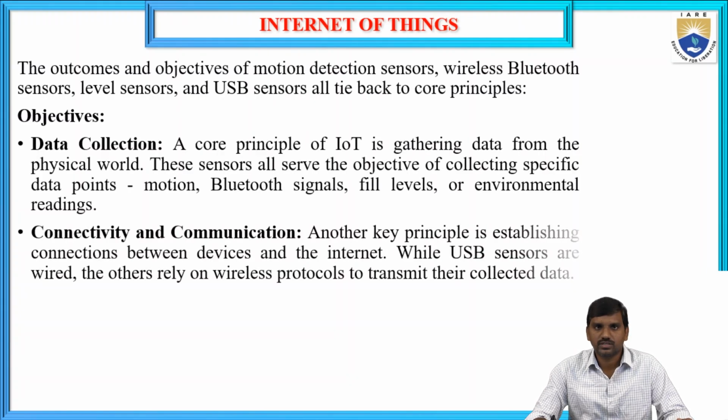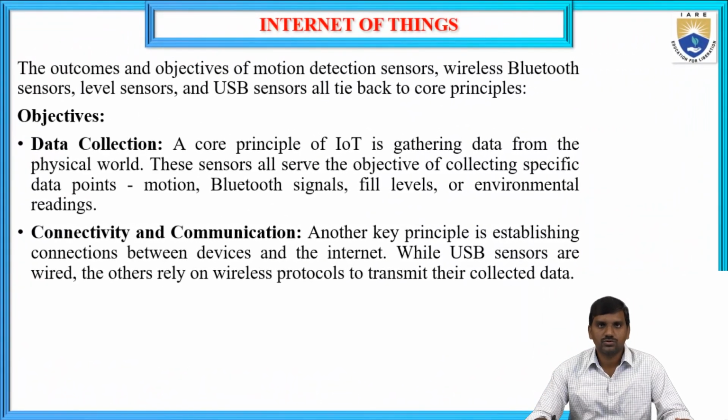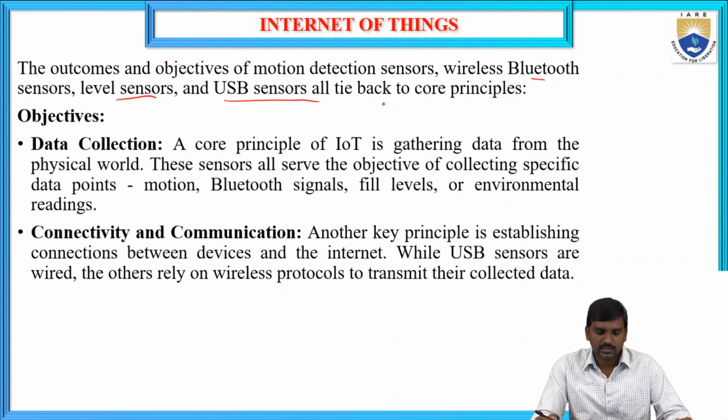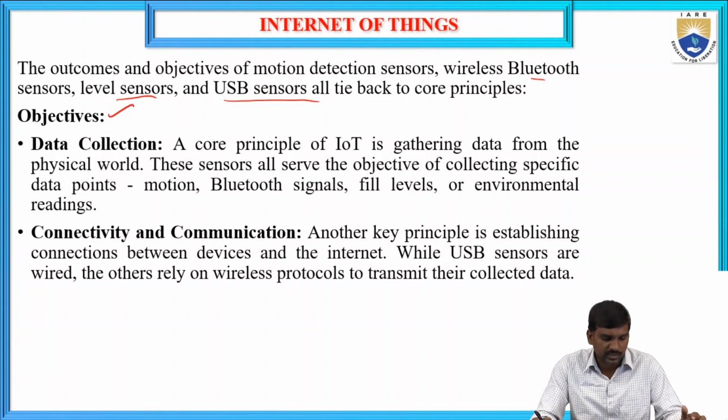Before that, we first have to know the objectives, what the student should be able to learn. The outcomes and objectives of motion detector sensors, wireless Bluetooth sensors, level sensors and USB sensors all tie back to the core principles of IoT. So here come the objectives of this particular topic.